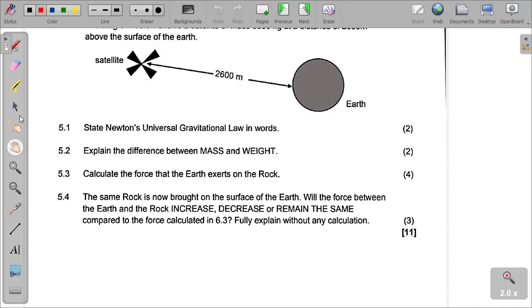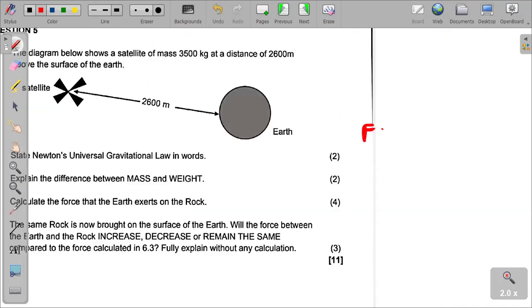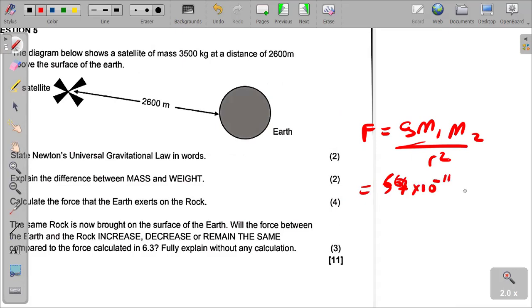So use G m1 m2 over r squared. That's our universal gravitational law. Okay, so substituting G, it's 6.67 times 10 to the power of negative 11, multiplied by the mass of the rock.